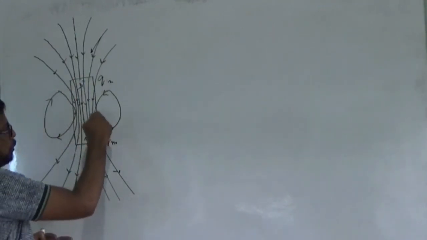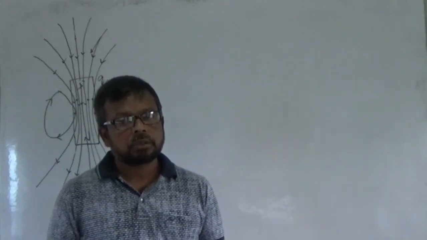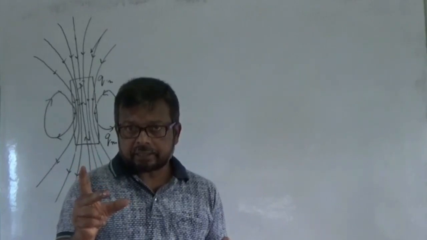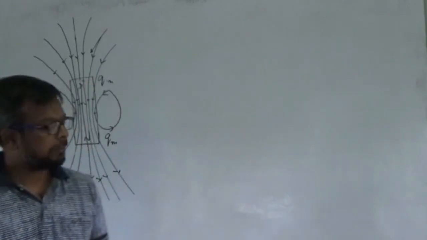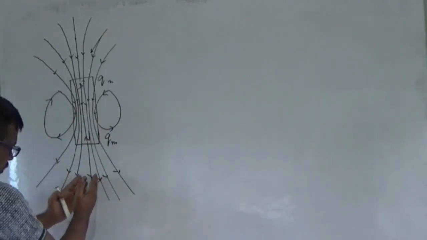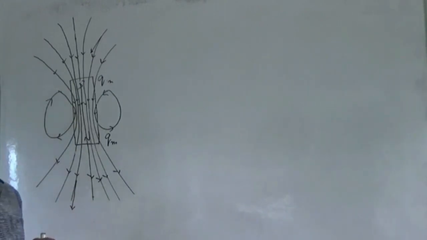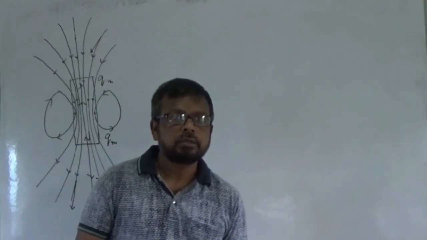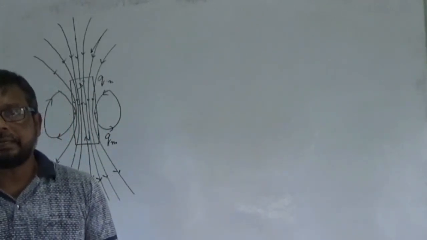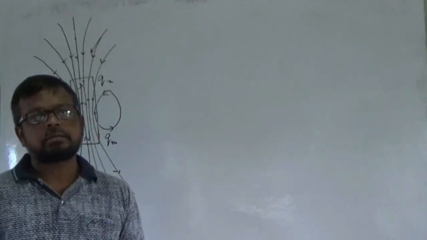That means North Pole attracts South Pole. Then it tries to contract. And laterally, see here, they are separated. Why? Because like poles repel. That's why magnetic field lines dilate laterally and contract longitudinally.